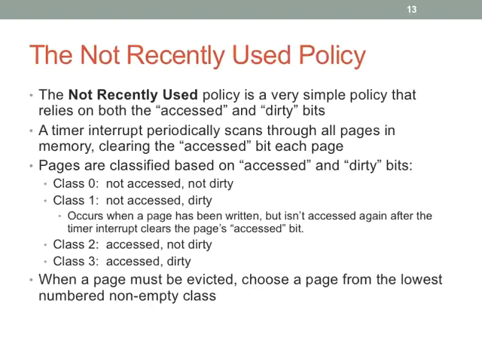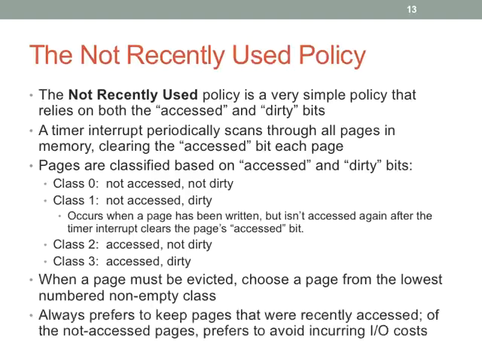So that's the reasoning behind classes 1 and 2. And then class 3 is obviously the most expensive to evict because A, I have to save stuff back. B, I'll probably have to reload the page really quickly. So that will probably incur the most disk accesses if I evict a class 3 page. Okay?